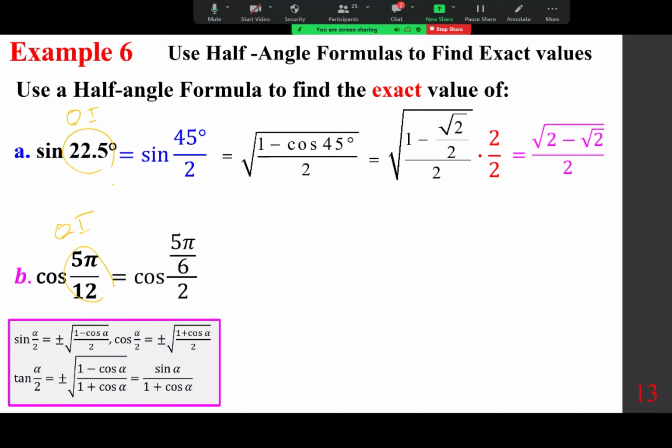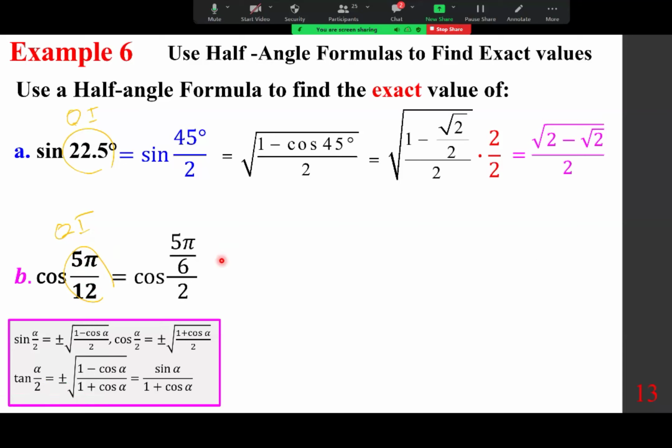Because remember, 6 pi over 12 is pi over 2. This is a little bit less than that, so you should know that. So it's in the first quadrant, everything is positive.